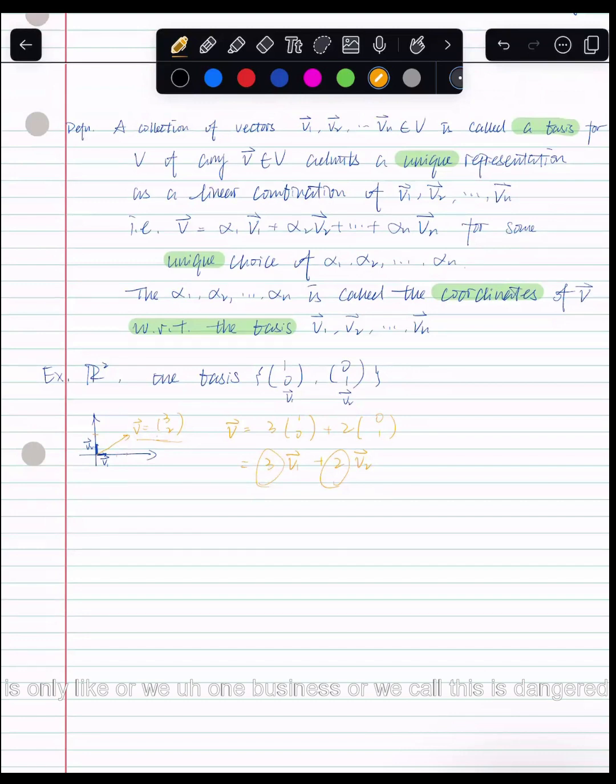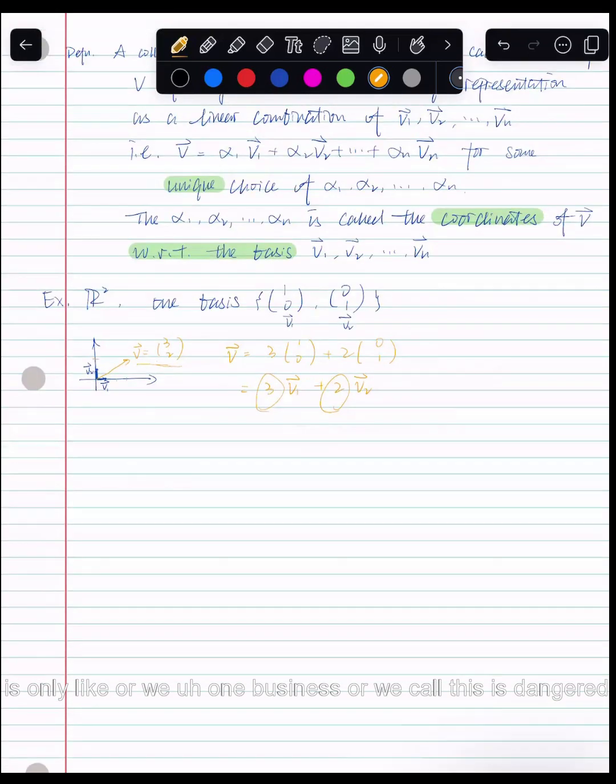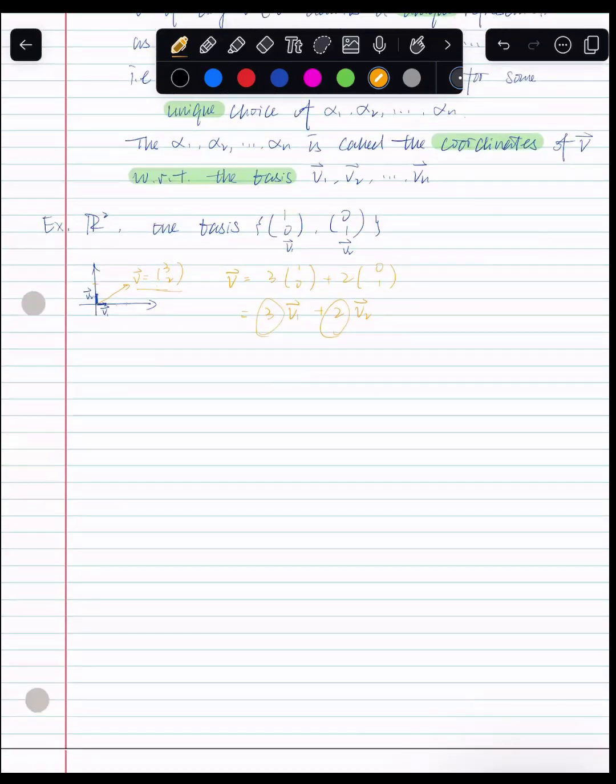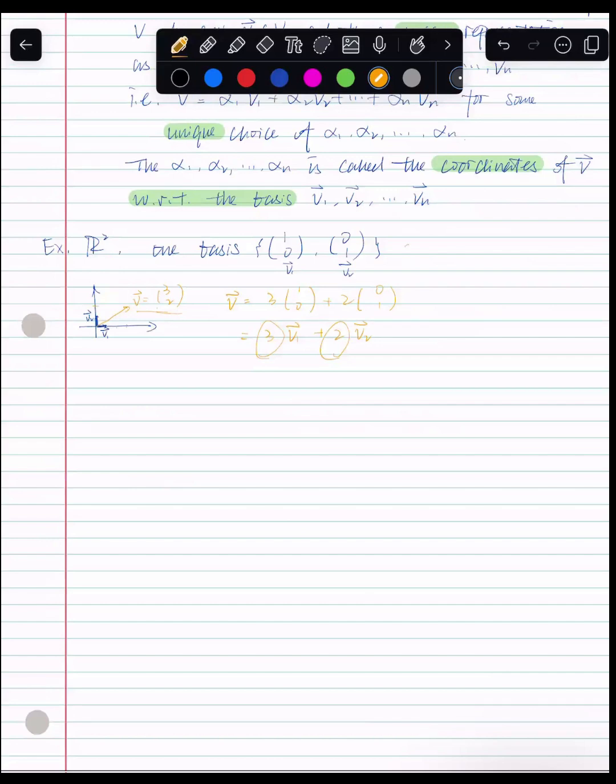But this is only one basis, or we call this a standard basis. But there are other bases.